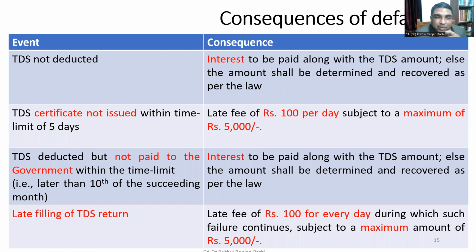If TDS is deducted but not paid to the government, again there is interest liability. Then the late filing of the TDS return: if there is a delay in filing the TDS return, then a late fee of 100 rupees per day, again maximum 5,000 rupees. These are the consequences. And this interest rate is normally 18%. Just keep it in mind.